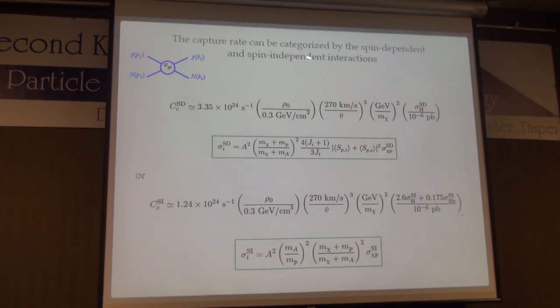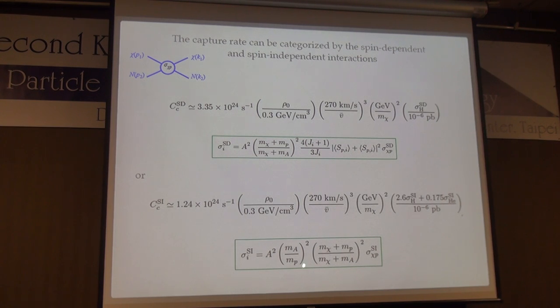For the dark matter nuclear interactions, there are two types. One is called spin independent, the other is spin dependent, which depends on the nuclei spin.